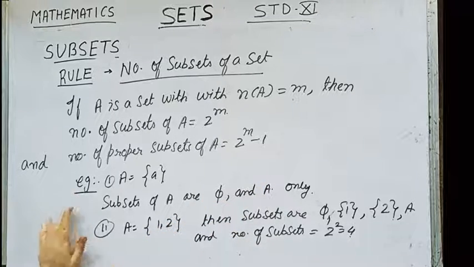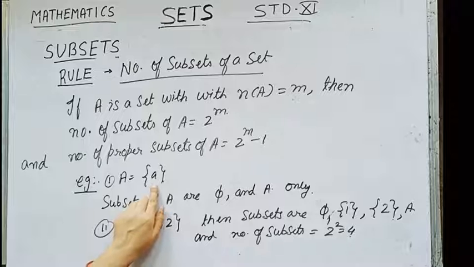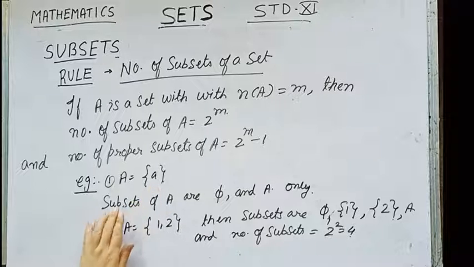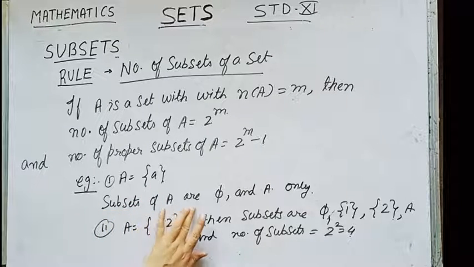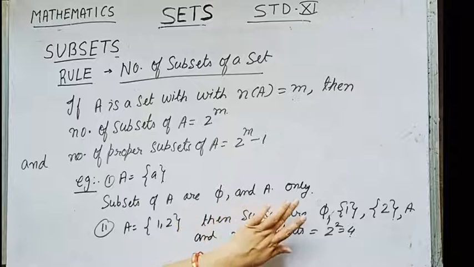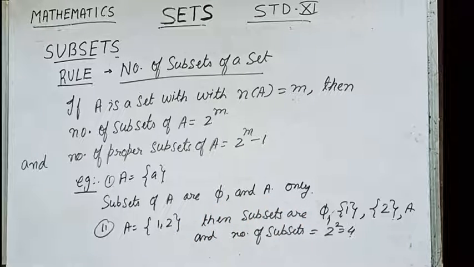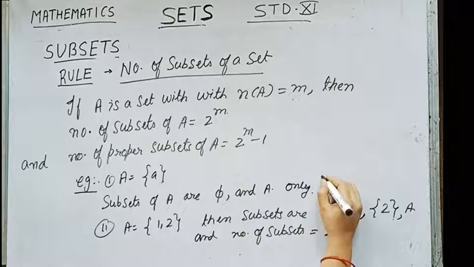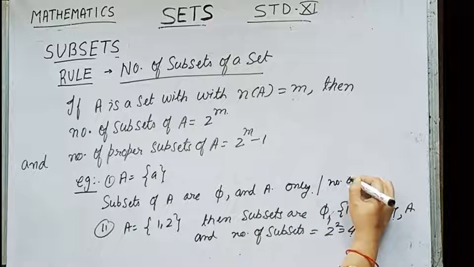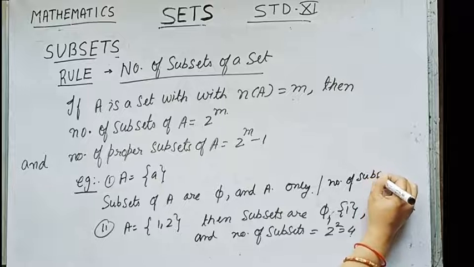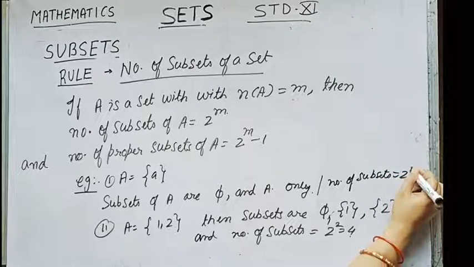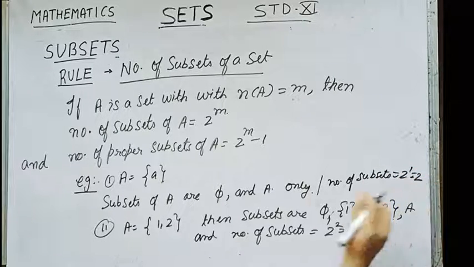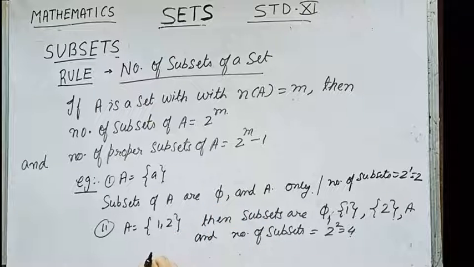For example, if set A is equal to the set containing an element a, then the subsets of A are the empty set and the set A itself. Over here the number of elements is 1, so the number of subsets equals 2 to the power 1 equals 2.